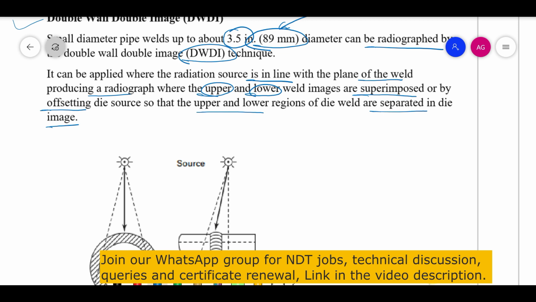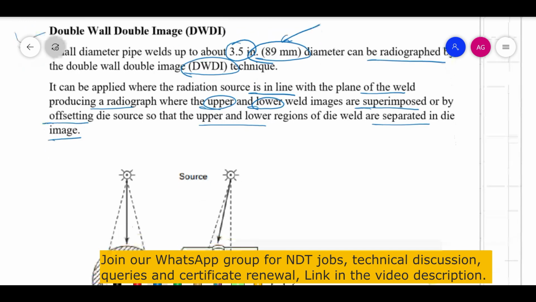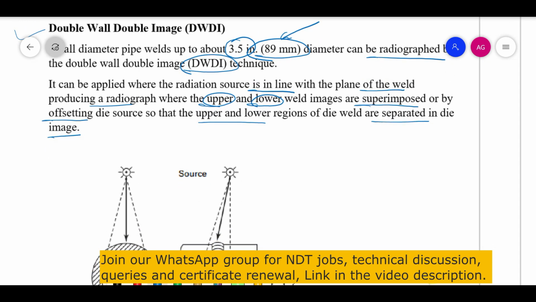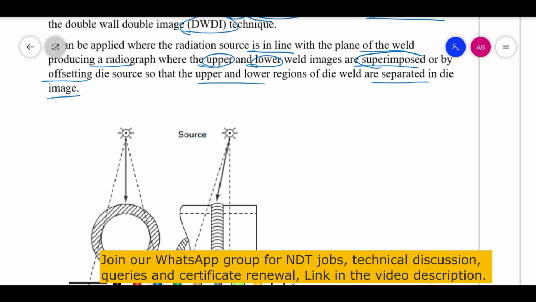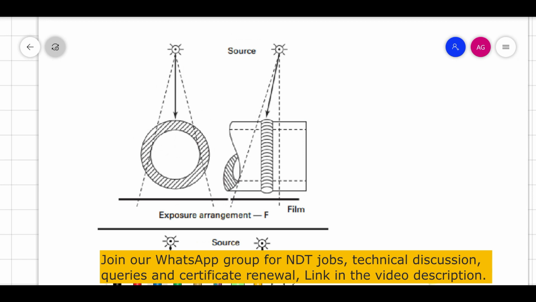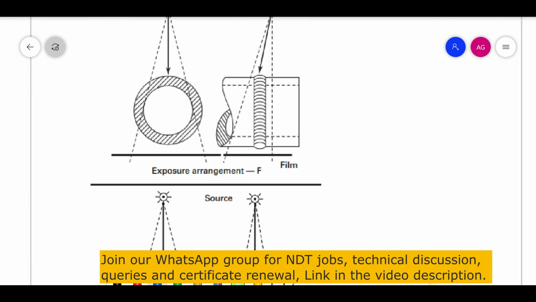So here there are two techniques in this double wall double image: one is the superimposed technique and another is the offset technique.